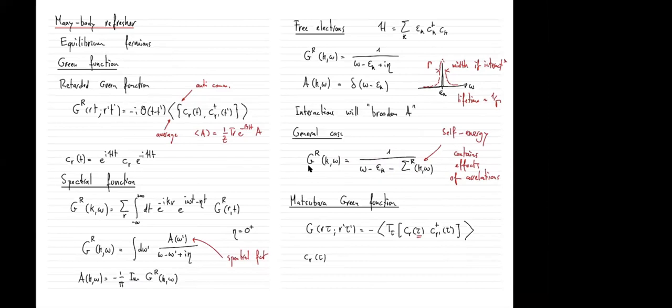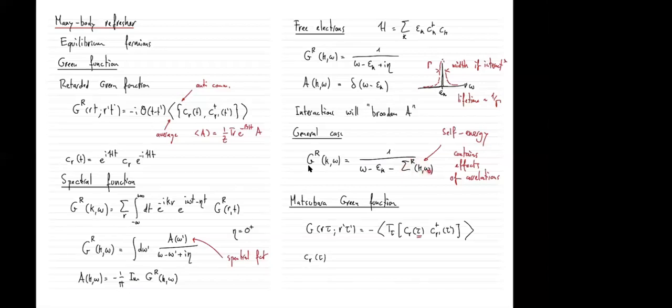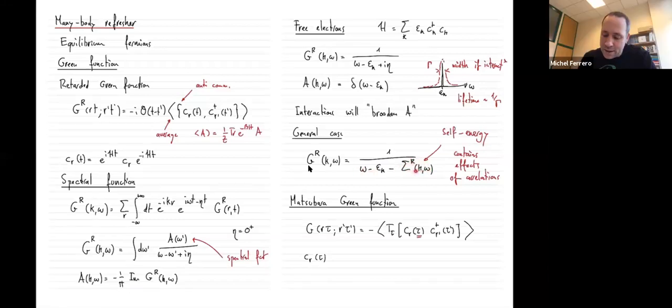And always on the self-energy, there is another question. This expression reminds me of the mass renormalization in QFT due to the self-interaction. Yes, there's definitely a link between the self-energy and the renormalization of the effective mass, if you want, of the quasi-particles. If the self-energy has a linear term in omega, this basically gives a different effective mass to the electrons. And this is, again, somehow related to the width.